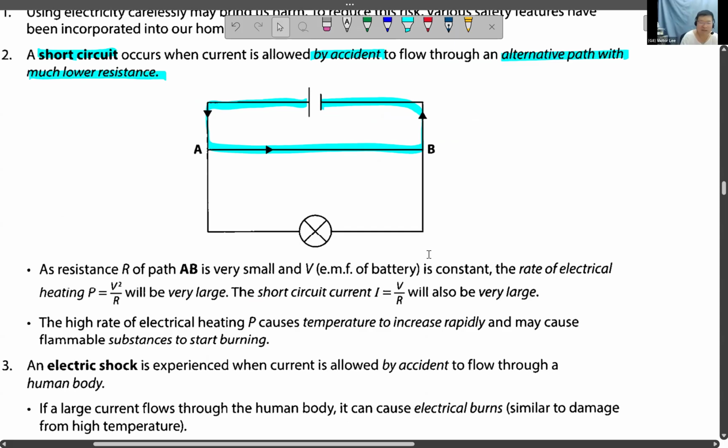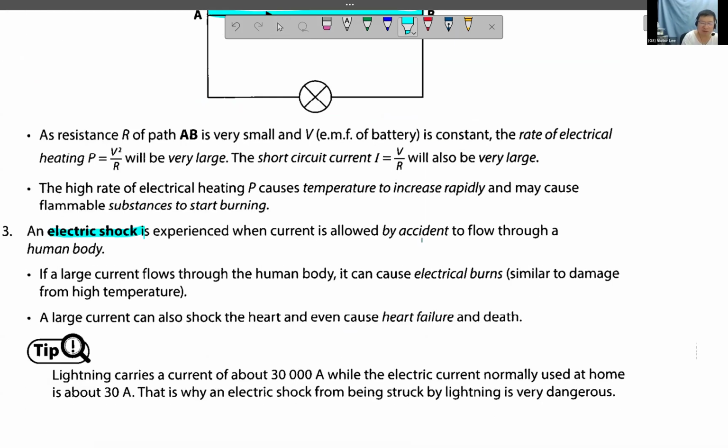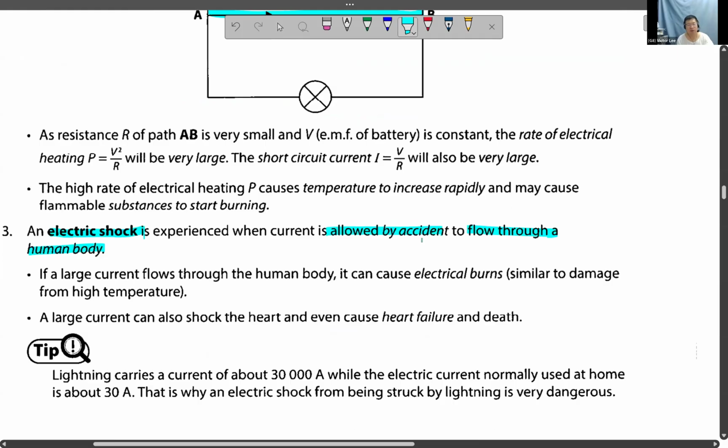Now what's electric shock? Electric shock is experienced when current is allowed by accident to flow through a human body. When a large current flows through the body, it can cause electric burns. For example, when a person is hit by lightning, you can see the skin is actually burnt, with some kind of pattern scar on the skin.